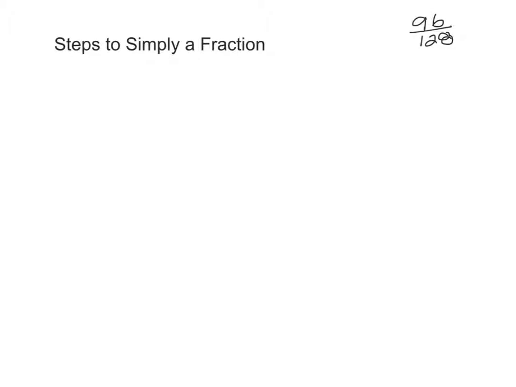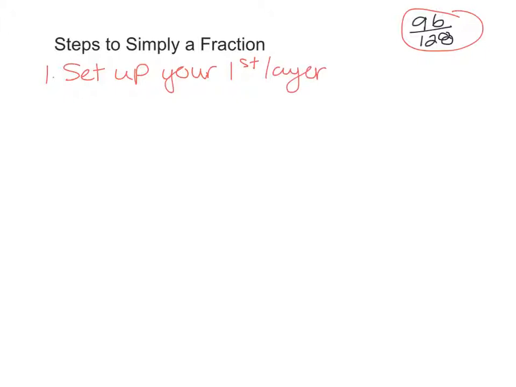I'm going to show you this one last time using this example and writing the steps out. So step 1, you're going to set up your first layer. So that's going to look like this. Remember, you need to keep your numerator and your denominator in order, otherwise you're going to have some trouble.